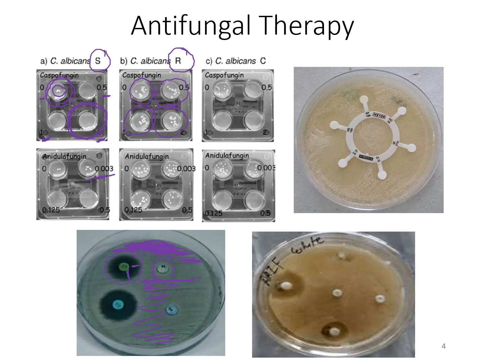So if it's susceptible, it does not grow, and if it's resistant, then you have growth all the way up to that little disc. So you can see some patterns over here where this had a little bit of no growth, not much, but for the most part it grew up to it. So all of these would be resistant.